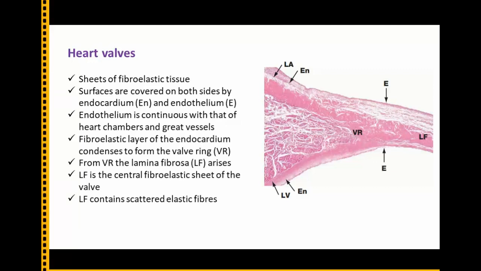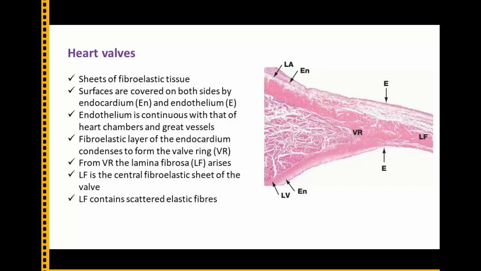The fibroelastic layer of the endocardium condenses to form this valve ring. This valve ring is the area which forms the lamina fibrosa, the central fibroelastic tissue of the valve leaflet.